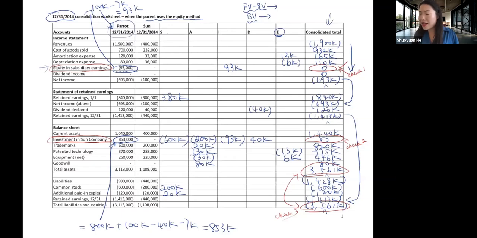And there is something specific to this situation, which is if the parent is using the equity method. There are also some places that I want you to check.